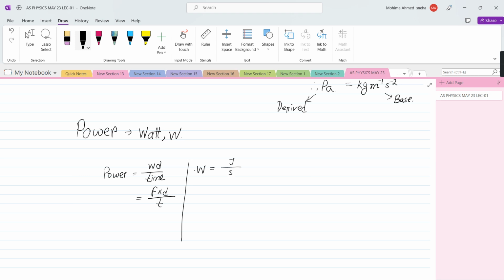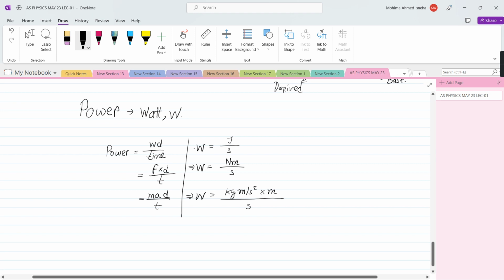So joules over time in seconds. Then watt equals, we are breaking down joules in terms of force and distance, so it will be Newton meter by second, and we can again break down force into mass and acceleration. We can break down Newton as kg meter per second square, and then we have another m for distance, divided by second.